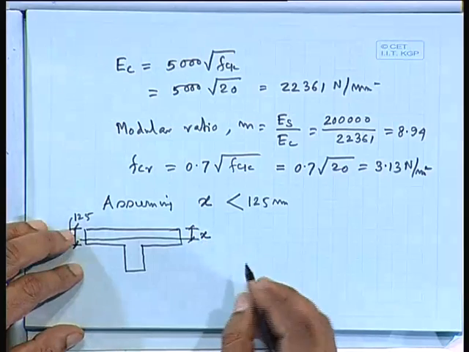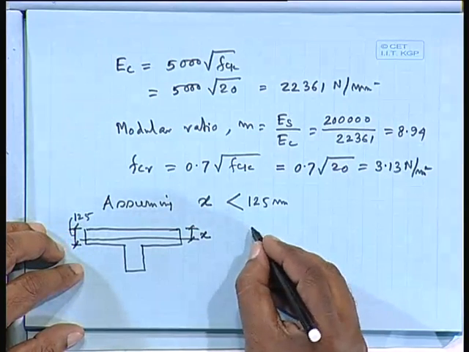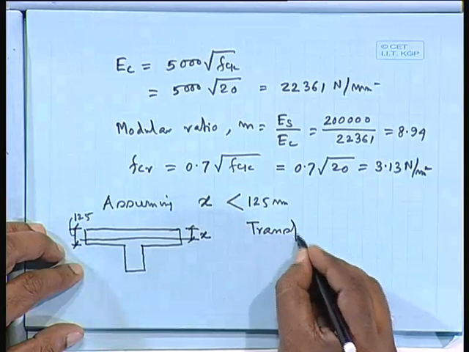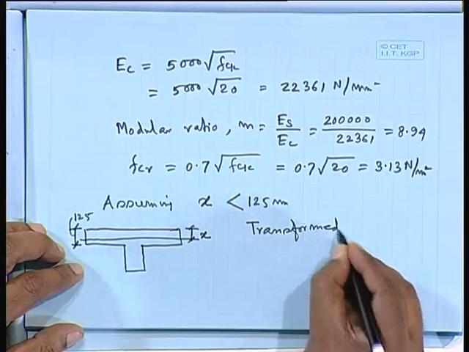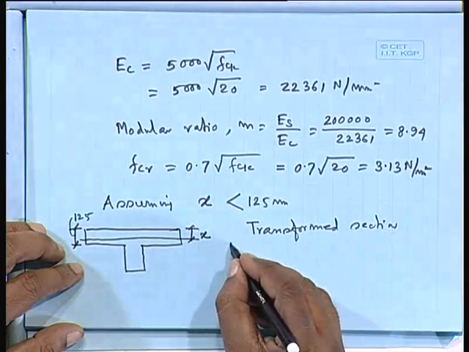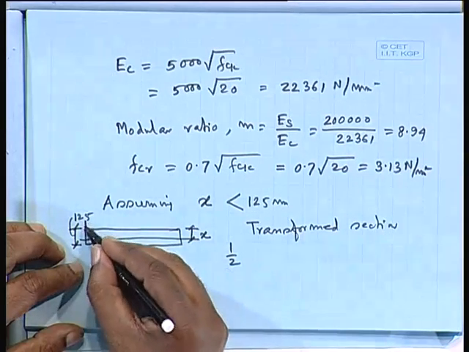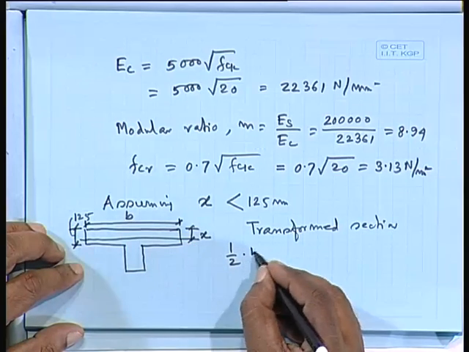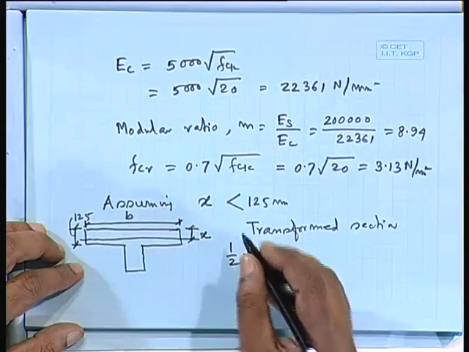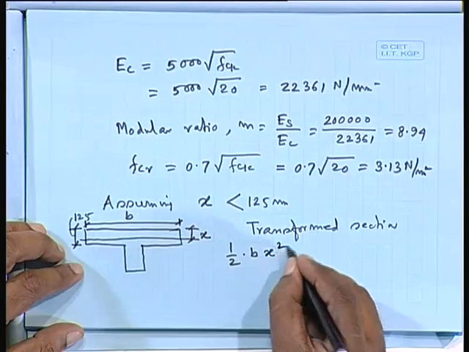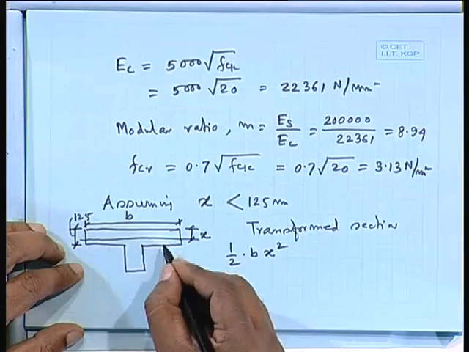If that be the case, we can use the transformed section. It means half, this is your B times x square, that means B times x into x by 2.